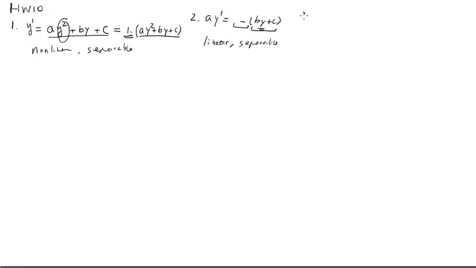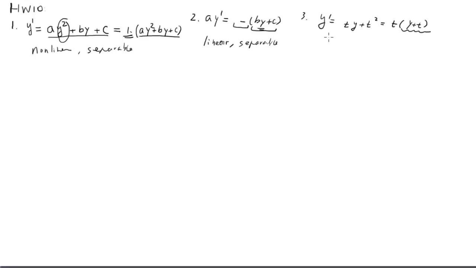And third problem, over here we have y prime is equal to ty plus t squared. And we see there is a common factor, t, and y plus t. But we cannot factor this one anymore. We cannot write this function into a product of a function of t and a function of y.